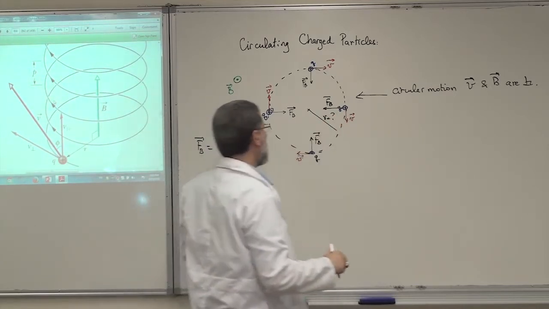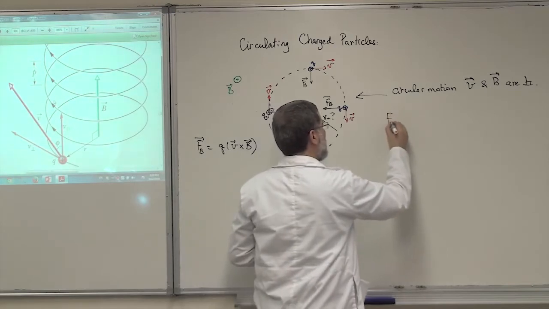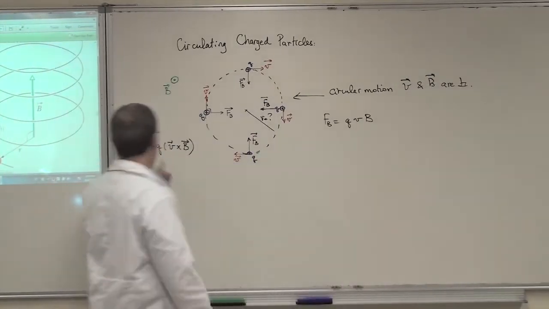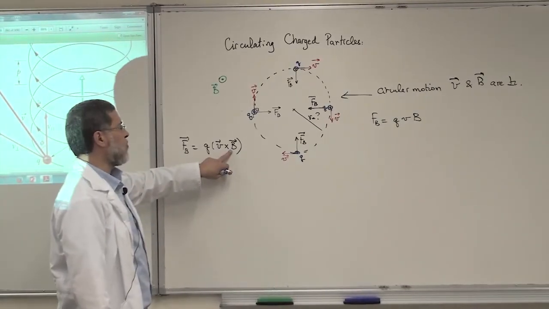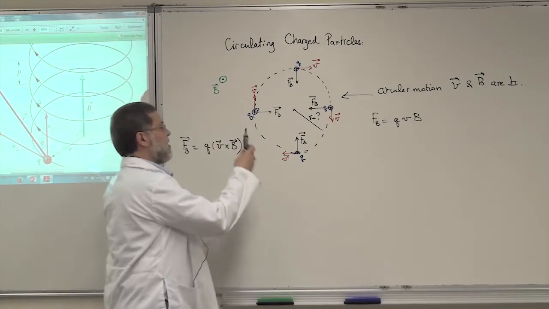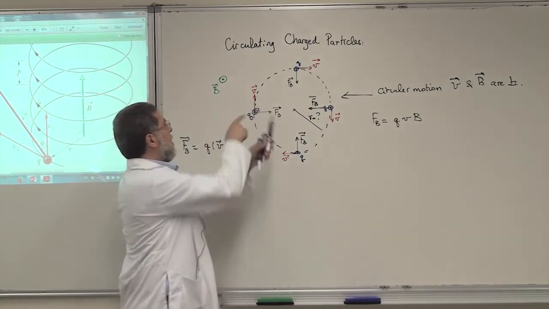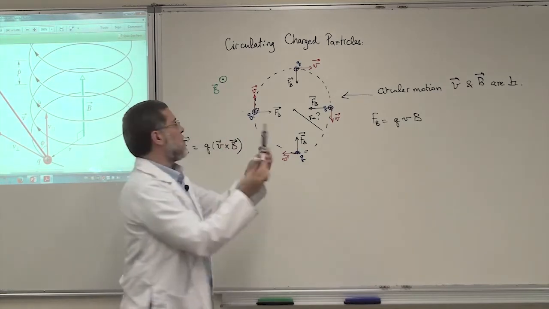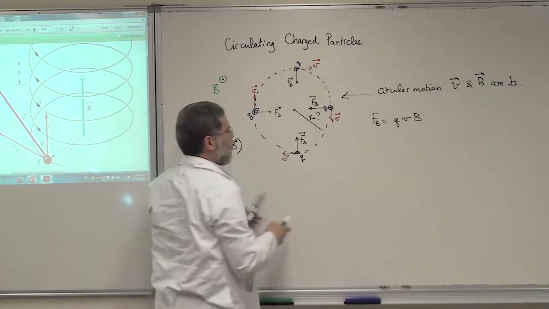So what do we write? Fb, which is the magnetic force, is QVB. I hope you agree with me. What is the sine of the angle between V and B? Is 90 degrees, because V is for example up here in this case, and B is out. What is this angle here? It's 90 degrees, okay? Similarly here, 90 everywhere.